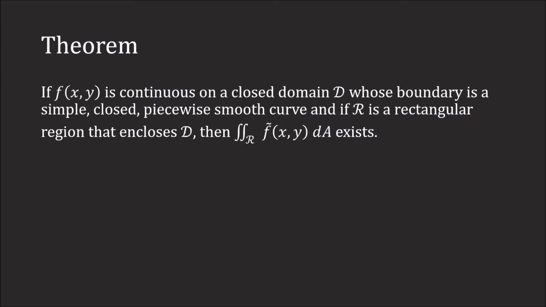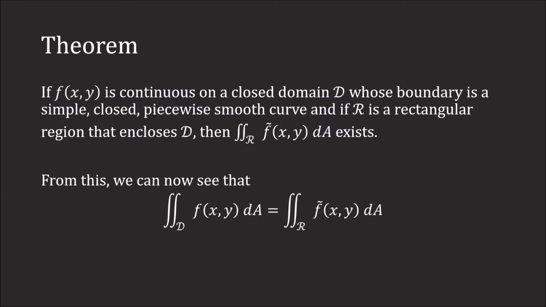From this, we can see that the double integral of f of xy over the region D is equal to the double integral of f tilde of xy over the region R.